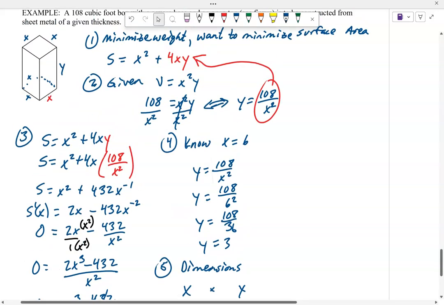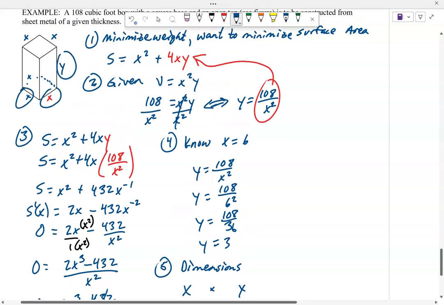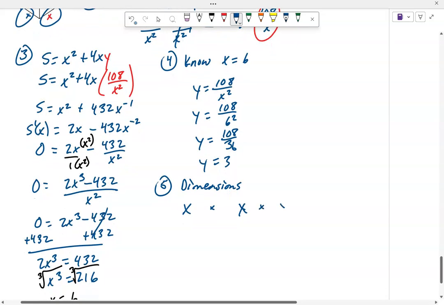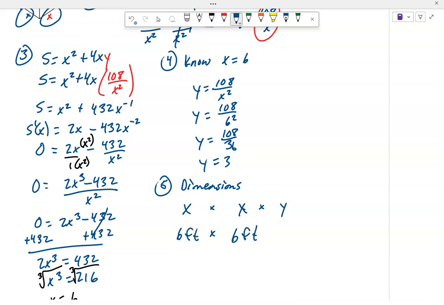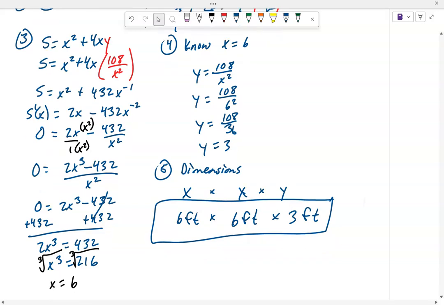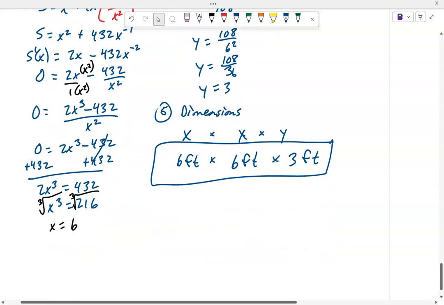That's the square base bottom, right? By y. So we are 6 feet by 6 feet by a height of only 3 feet. And that will minimize the amount of sheet metal that we use to build this. Of course, we have an open top on this, right? But, thanks for watching and taking notes. See you next time.